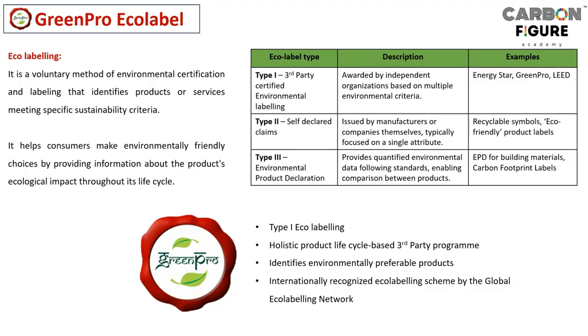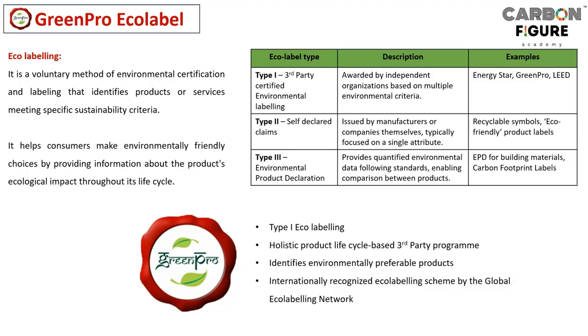Okay, fine. There are three different approaches for eco labeling, called Type 1, Type 2 and Type 3. Type 1 is third party certified environmental labeling. Third party in the sense that a product's manufacturer and their respective stakeholders might be the first party and second party.